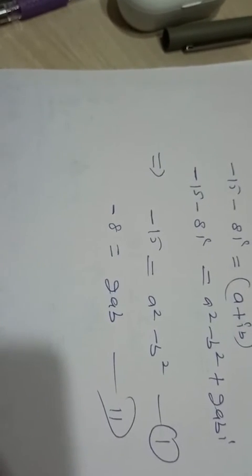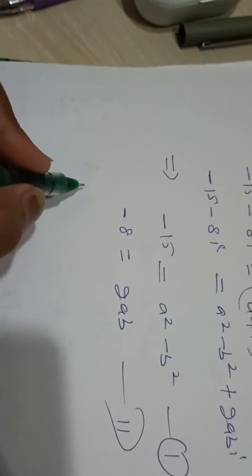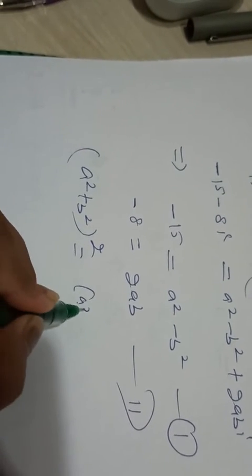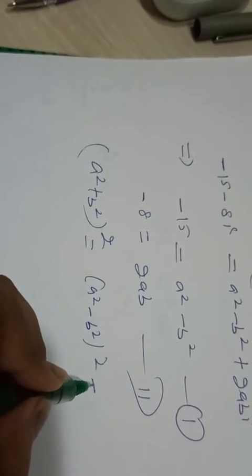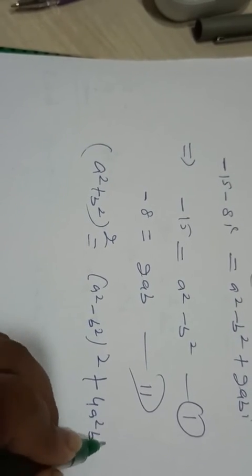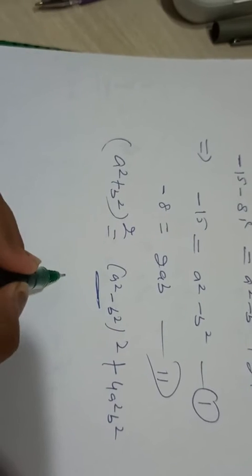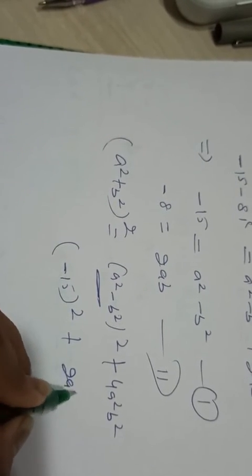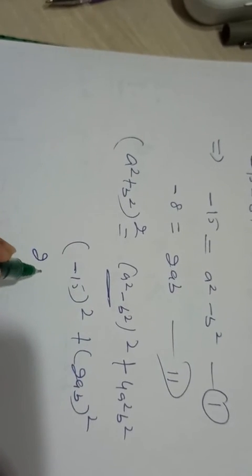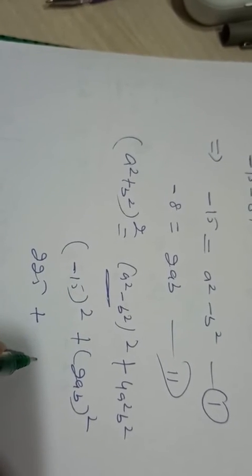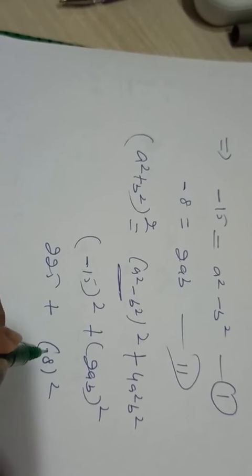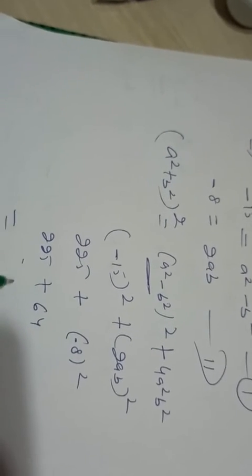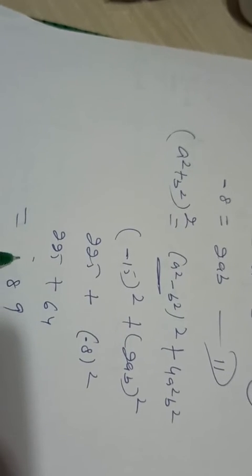So what is the formula we have to keep in mind? a square plus b square whole square comes out from a square minus b square whole square plus 4a square b square. This value I have minus 15, make the square of this, then 2ab whole square, this is 225, and this is 8 square, 64, so 225 plus 64, so this value is 289.